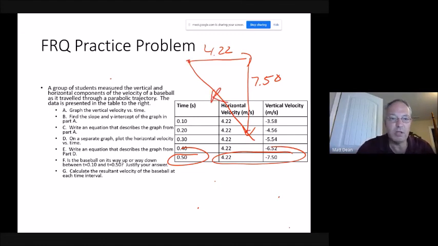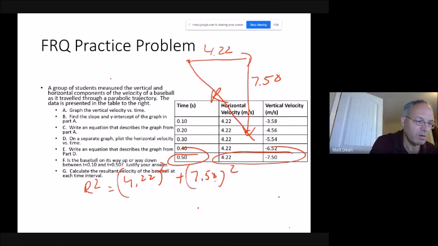That's r. Solve for r squared equals 4.22 squared plus 7.50 squared. Take the square root to get r equals 8.61.